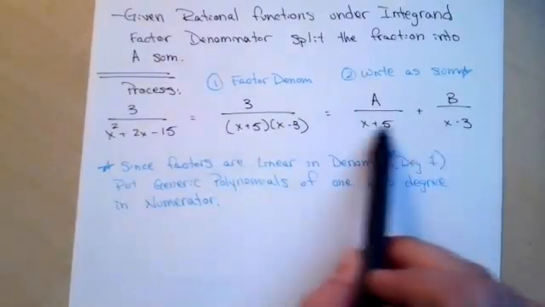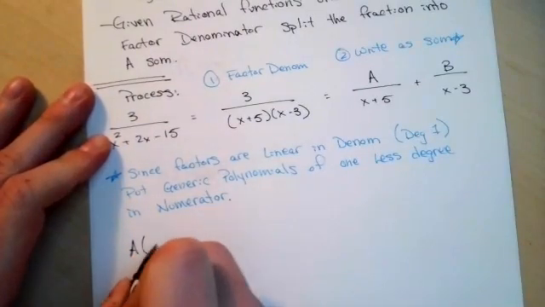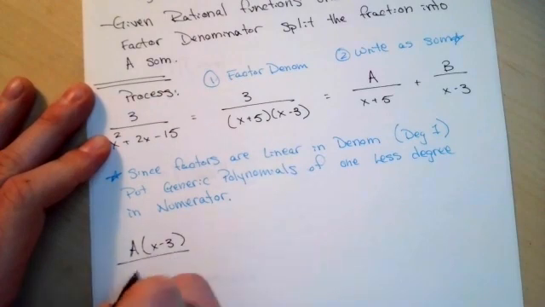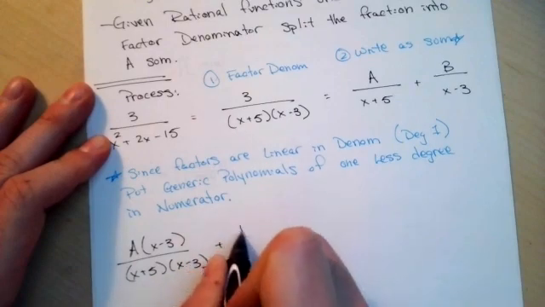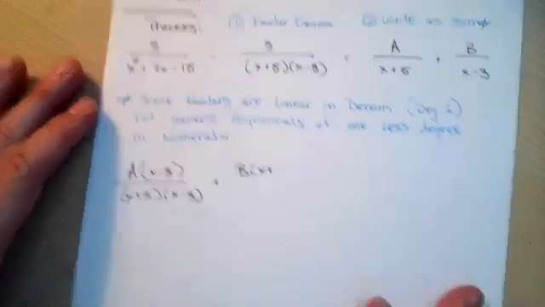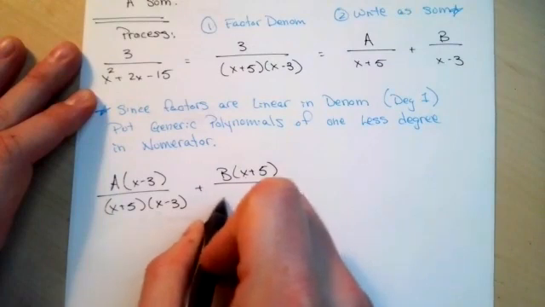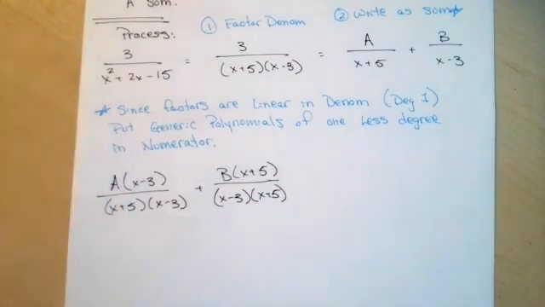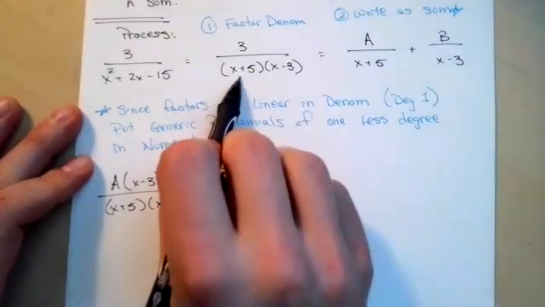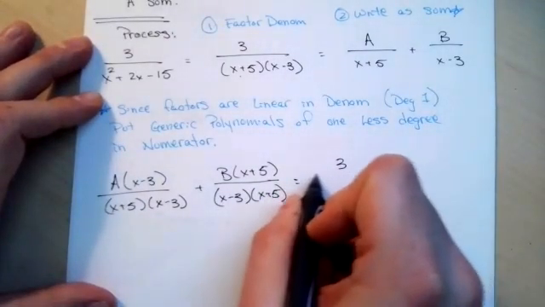If we tried to find a common denominator, we would have A times x minus 3 over x plus 5, x minus 3, plus B times x plus 5 over the same denominator, and this expression should be the same thing we started with, right? We're not trying to actually change our expression, just change the way it looks.